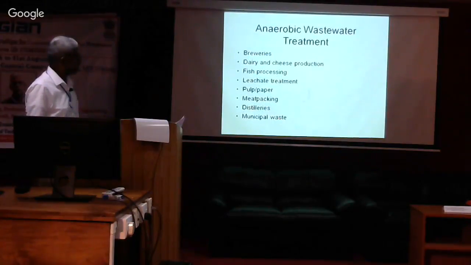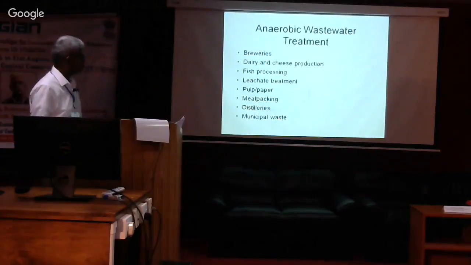And so if you look at anaerobically digesting it, then you not only get energy, you also can, if you can, pack the nitrogen in some fertilizer. That's so much the better.